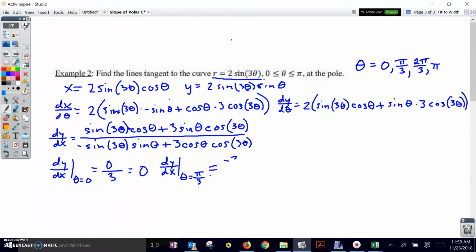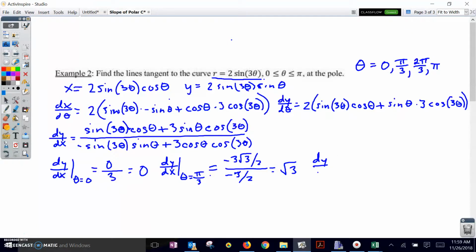So this is negative 3 root 3 over 2 over, let's see, the sine of pi, that's going to be 0. The cosine, that's 1/2 times negative 1, so that's negative 3/2. So simplifying that, that ends up just being the square root of 3.